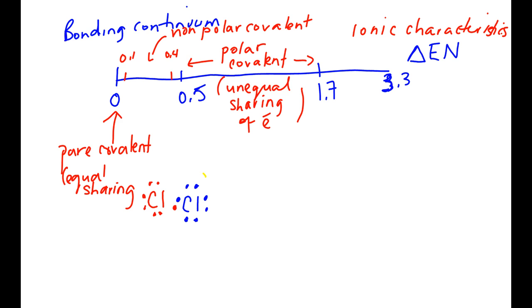If you look at the blue one, it's surrounded by 8 electrons. Its octet is complete, and so is the red one. So, the symbols with the dots, not my yellow circles, that is a Lewis dot structure for the Cl2 molecule.